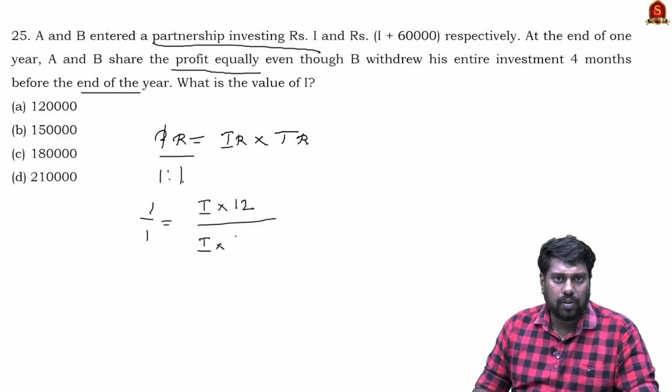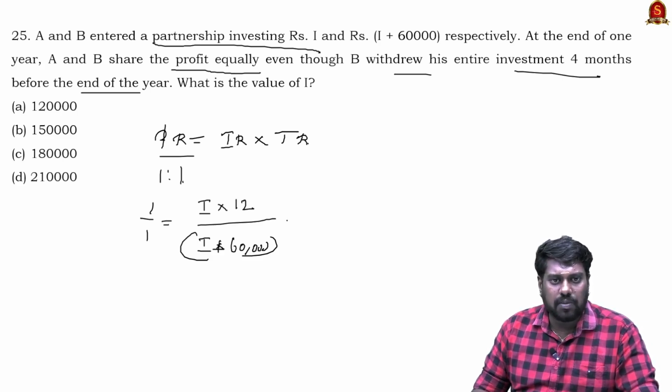I plus 60,000, into how many months he was in the business. In the last line of the question it is mentioned that his investment was withdrawn before 4 months, which means he was in the business only for 8 months.